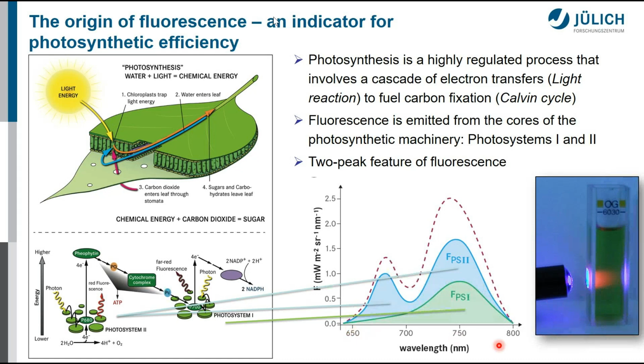And if we think in terms of a little more physics, this is the wavelength, this is the red spectrum of our light, and we see that this emitted light has two features, one in the red and the other in the far red, which correspond to the two main clusters of the photosystems, photosystem 2 and photosystem 1, which emit this fluorescence light and produce this weak red glow of every photosynthetically active organism.